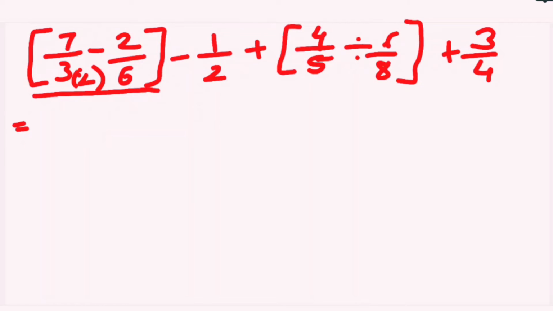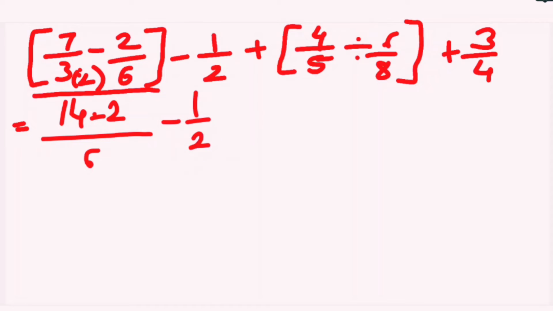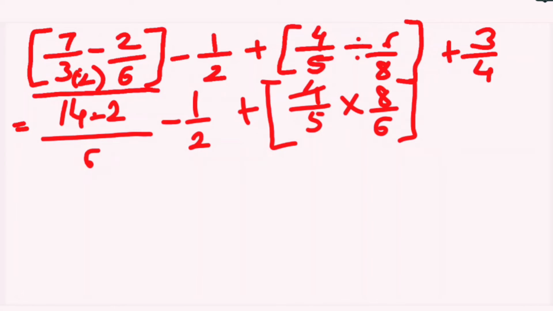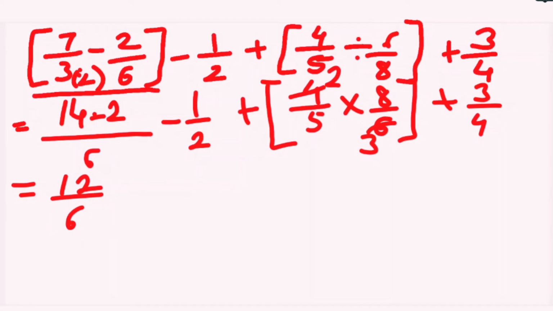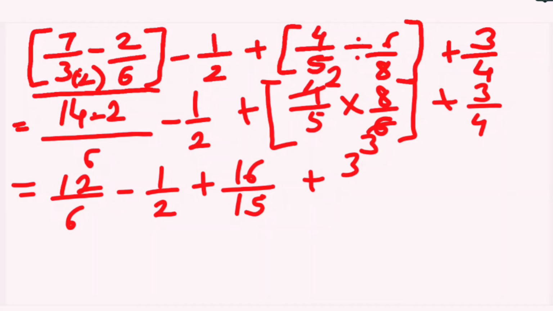So here 7 into 2 is 14, 14 minus 2, and the denominator is 6, minus 1 by 2 plus, now here 4 by 5, here we take the reciprocal 8 by 6, so 2 2s are 4, 2 3s are 6 plus 3 by 4. So here 14 minus 2 is 12, 12 by 6 minus 1 by 2, here plus 2 into 8 is 16 and 5 into 3 is 15 plus 3 by 4.